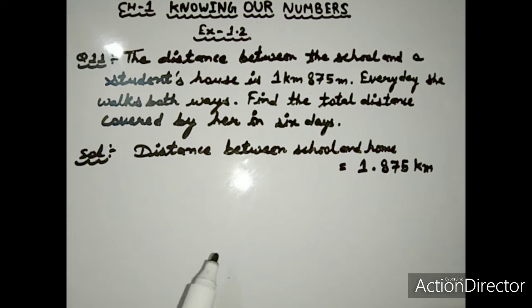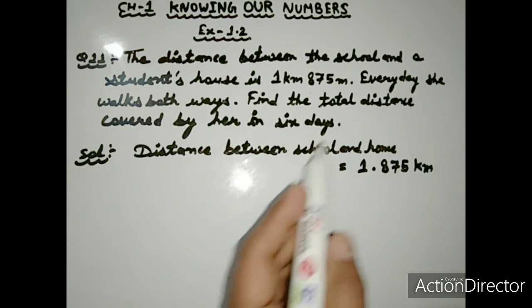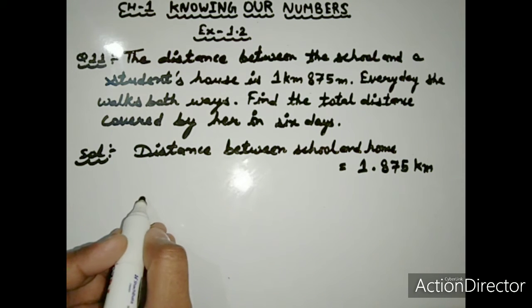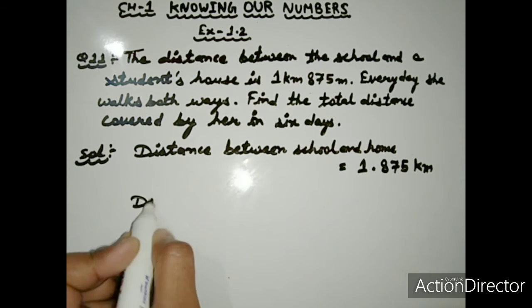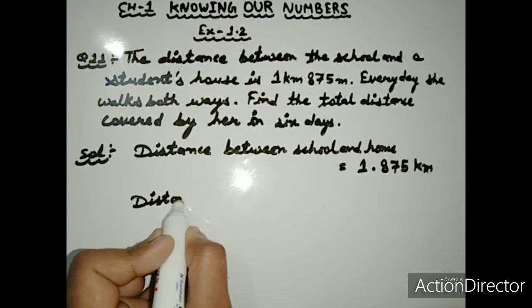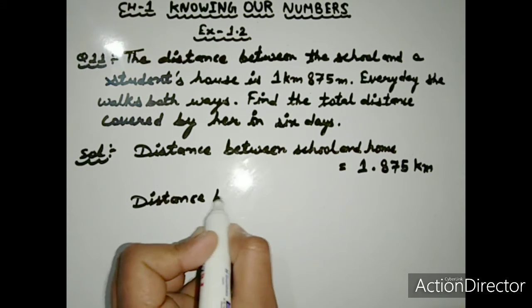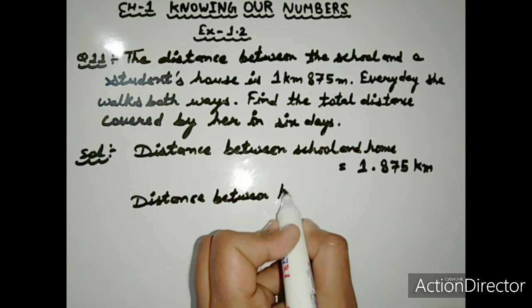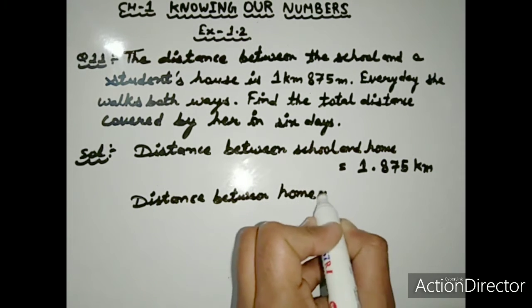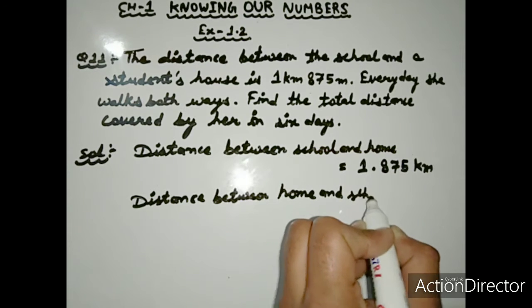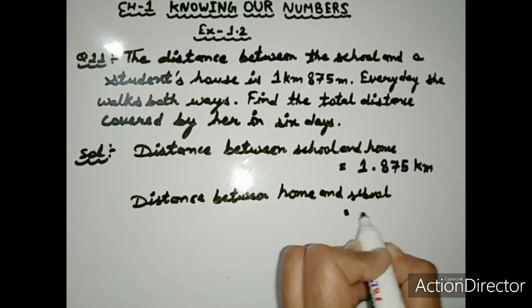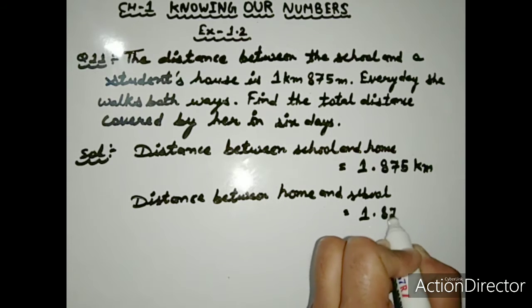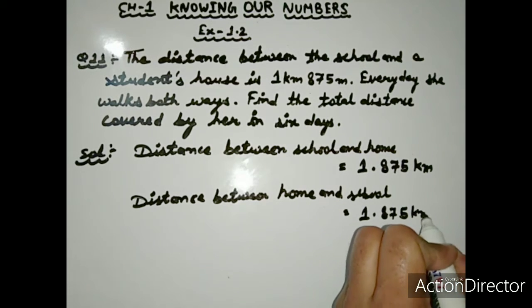So here the distance remains same, meaning school to home and home to school. So here we write distance between home and school is equal to 1.875 kilometer.